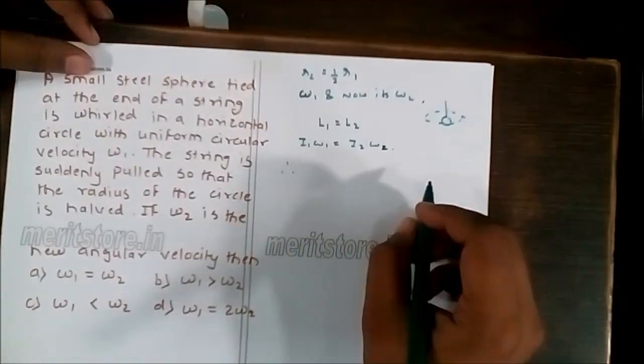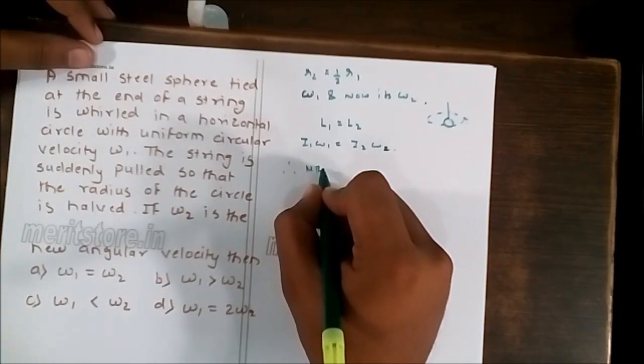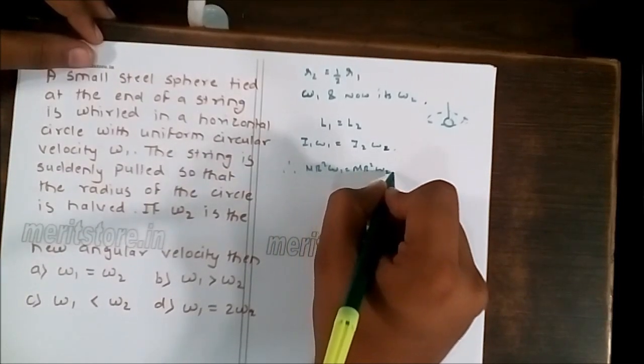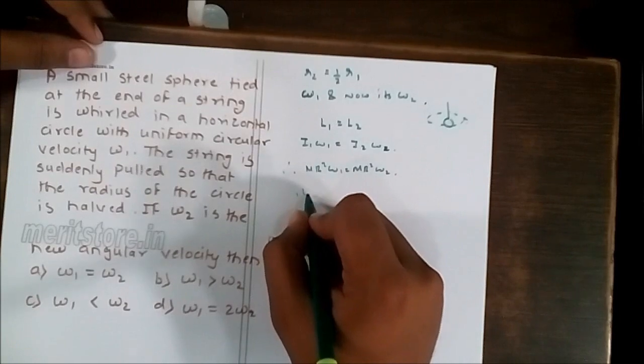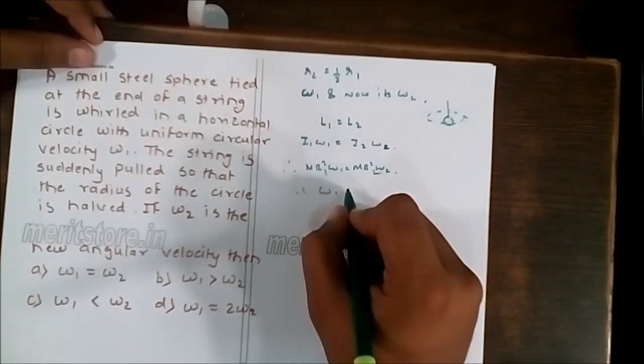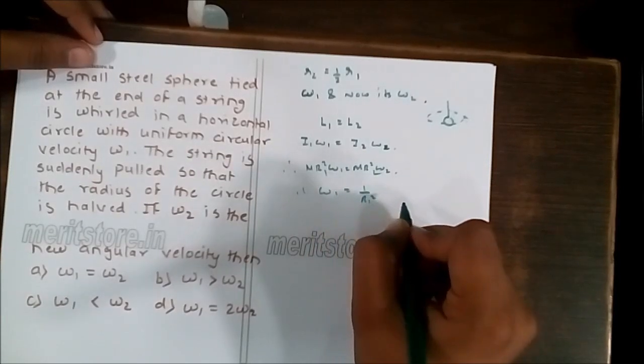So therefore I have m r square omega 1 is equal to m r square omega 2. From here, with r1 and r2, omega becomes inversely proportional to r square.